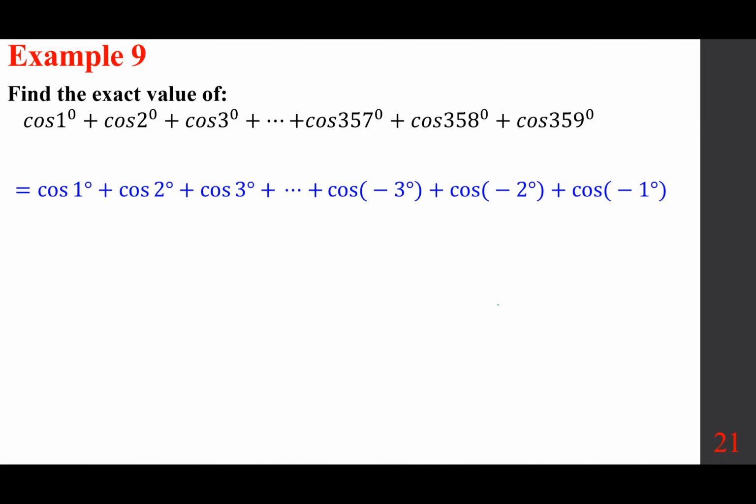So we are repeating the same concept. Since this is an even function, it doesn't matter if it's negative or not. So we can get rid of the negative. And so we have 2 of this. We have 2 of this. We have 2 of this.